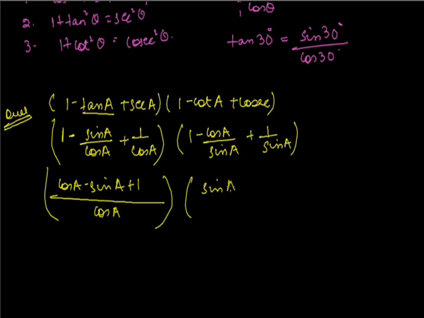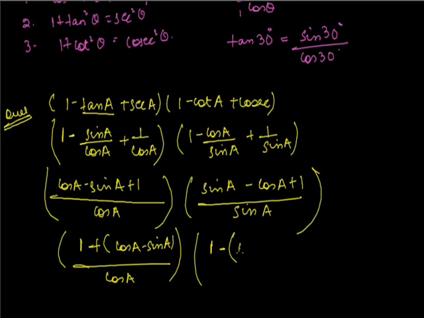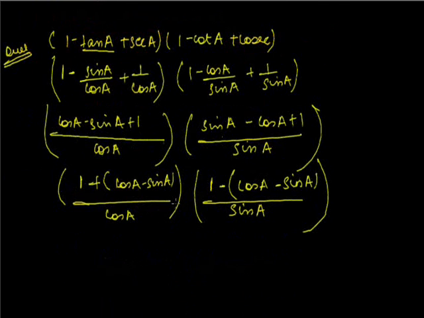Here it will become, by taking LCM, sin A minus cos A plus 1 upon sin A. Now 1 plus cos A minus sin A, we can write the above equation like this, upon cos A, and here we can write it as 1 minus cos A minus sin A upon sin A. Okay, from this I can conclude that it is making 1 plus cos A minus sin A and 1 minus cos A minus sin A.